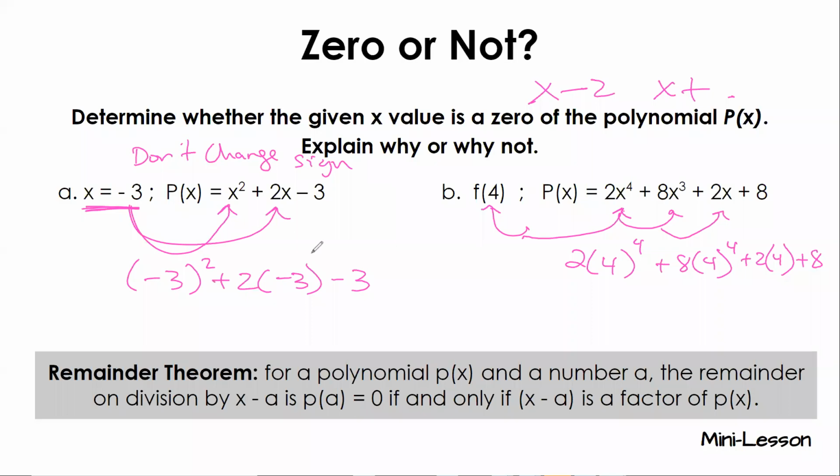Okay, so when you plug in, remember, you are not changing the sign on how this is written right here. So if it says x equals, you are not changing the sign. When you plug in, what do you get? I get 0.